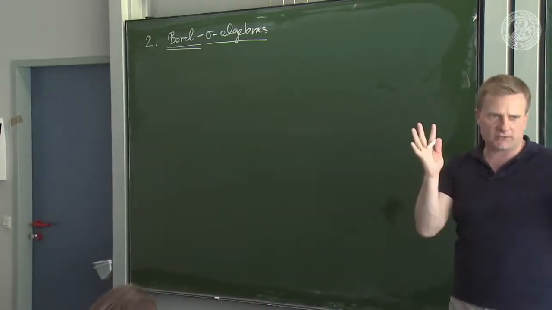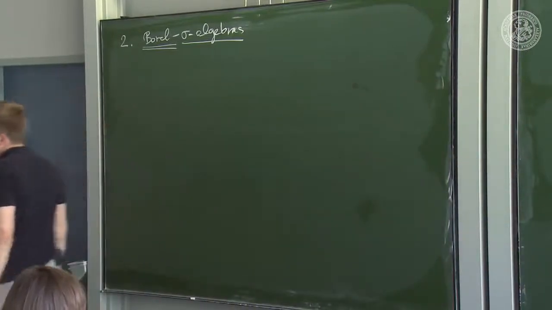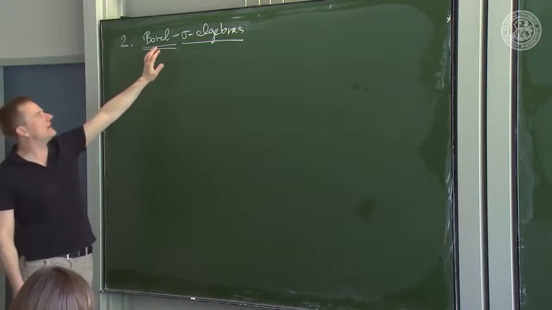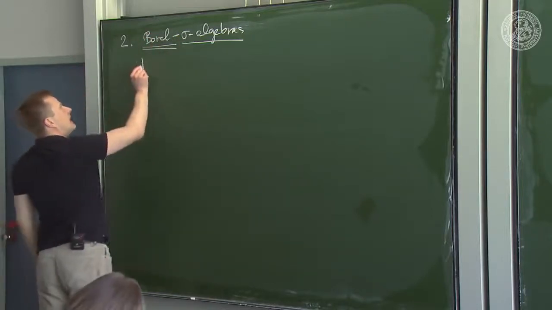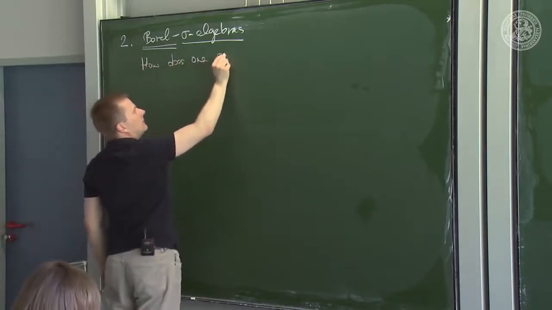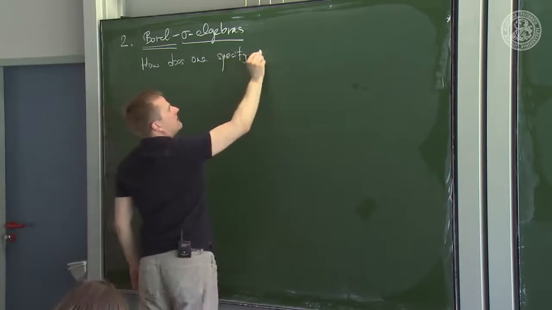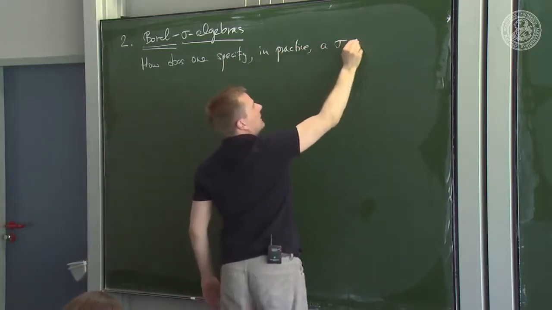So this was very general measure spaces so far. Now we come to Borel sigma algebras. But before I tell you what precisely a Borel sigma algebra is, we'll answer the question, how does one specify in practice a sigma algebra?